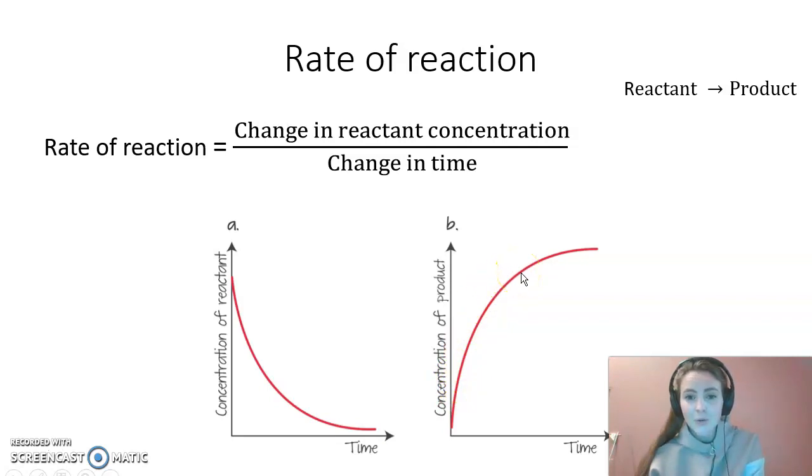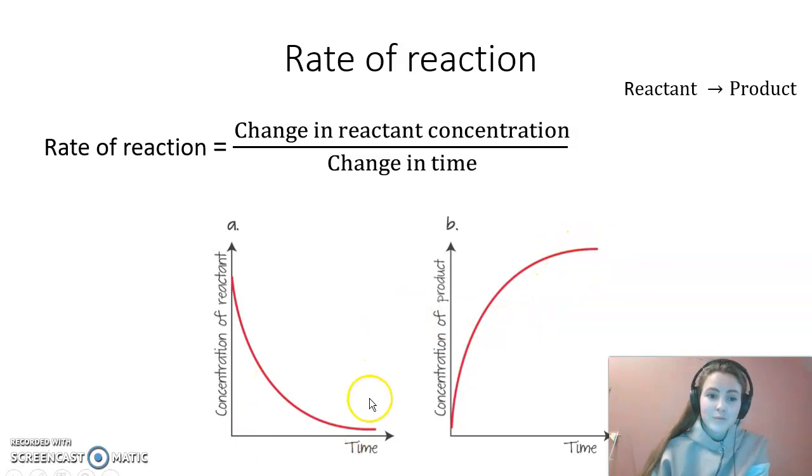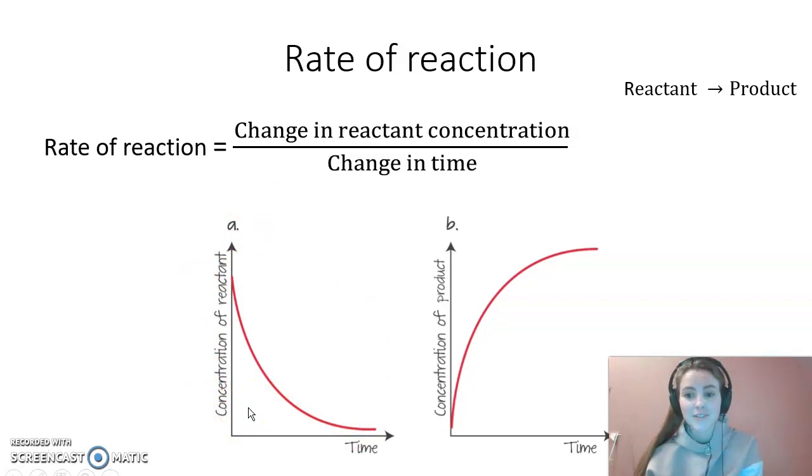And then up here we have a lot of product, and the reaction will start to slow down. So we are using this model. We are looking at the reactant, not the product. It is just the same but opposite. But it's easier for us to look at reactants because we know how much we start with.